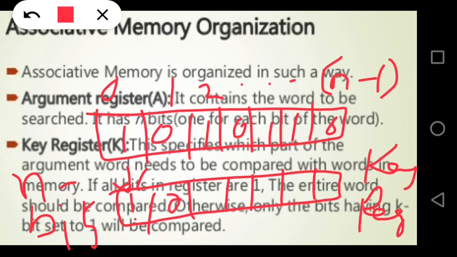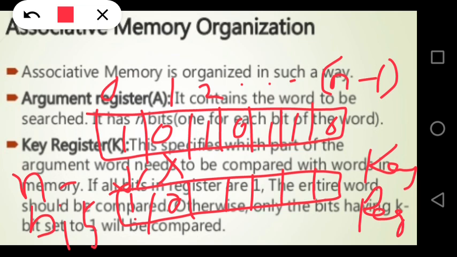If it has 0, you don't consider the bit. So the key register basically contains some k bits set to 1. Whichever position has 1, the corresponding bit in the argument register should be considered for searching a word in the memory. So this is how it works.